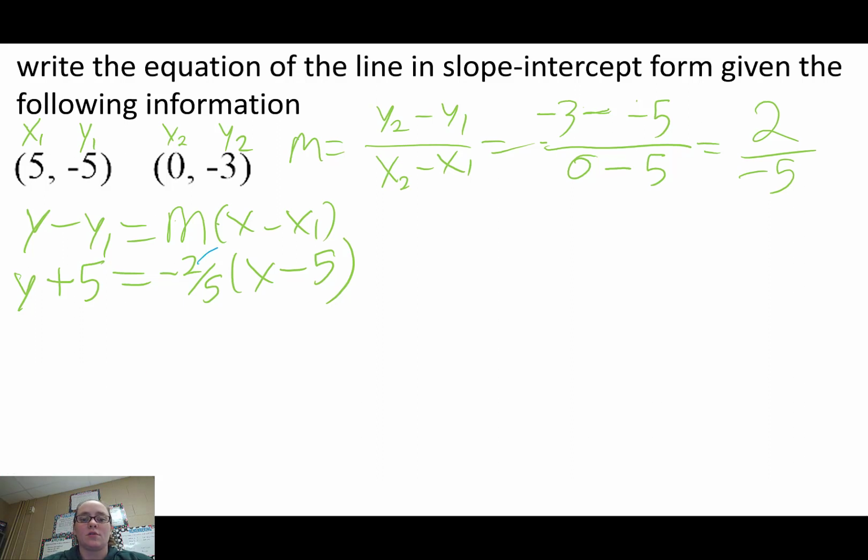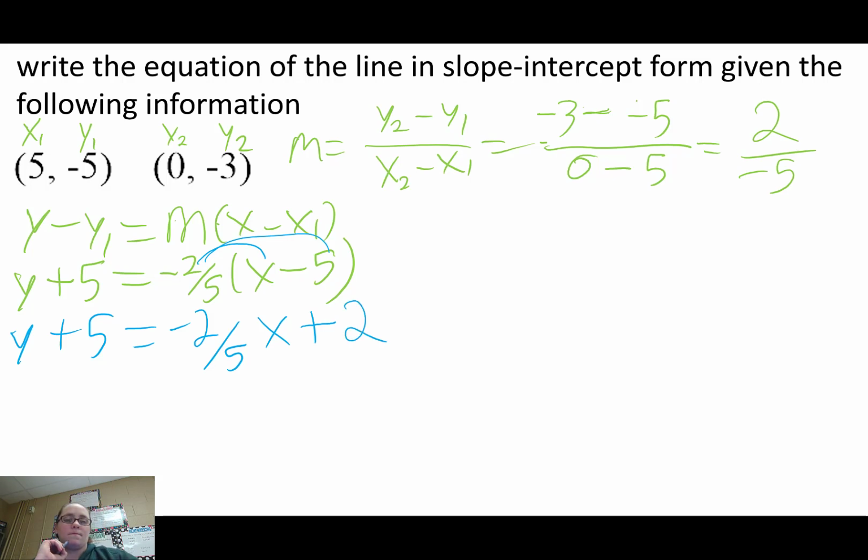So we're going to distribute the -2/5, and we get y plus 5 is equal to -2/5 x, or 2/5 x, no parentheses, plus, because a negative times a negative, 2.